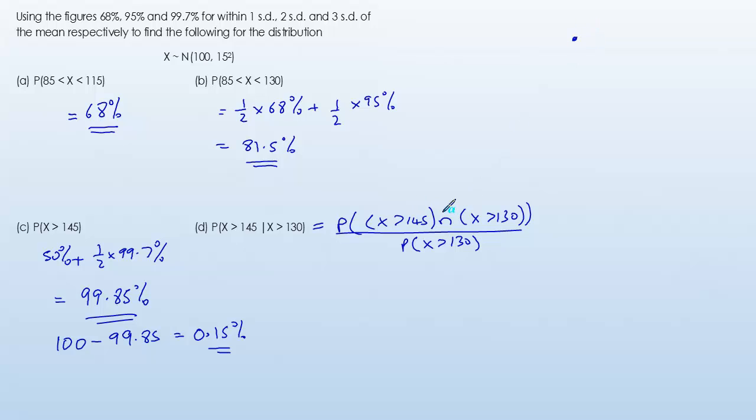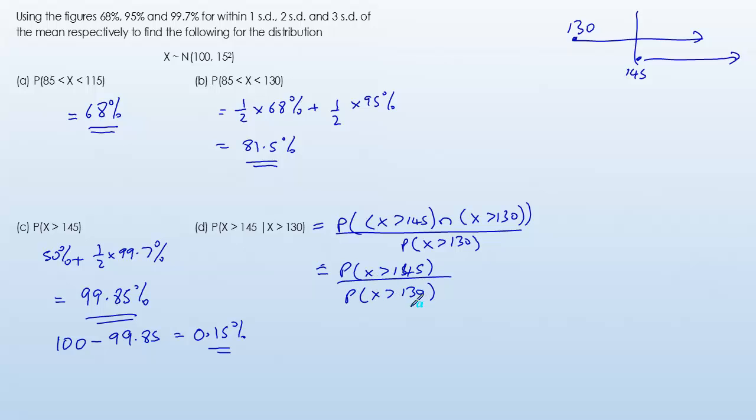Now, just looking at this intersection, this is greater than 130, greater than 145, so clearly the overlap is just greater than 145. And we've just worked that out as 0.15.